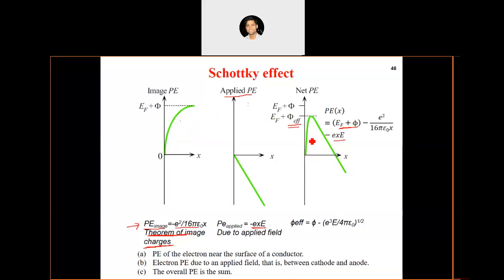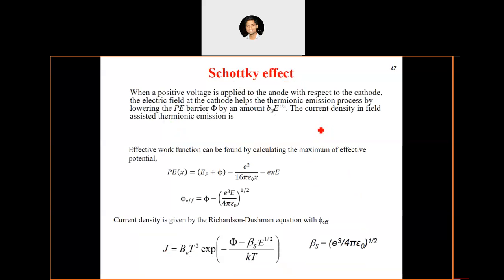The effective work function is lesser than the work function without the application of an electric field, and this is known as the Schottky effect, the lowering of work function because of the application of an external electric field. When a positive voltage is applied to the anode with respect to the cathode, the electric field at the cathode helps the thermionic emission process by lowering the potential energy barrier phi by an amount that we will see how it comes.